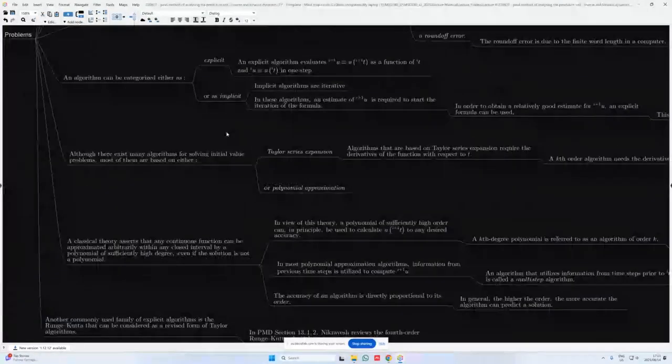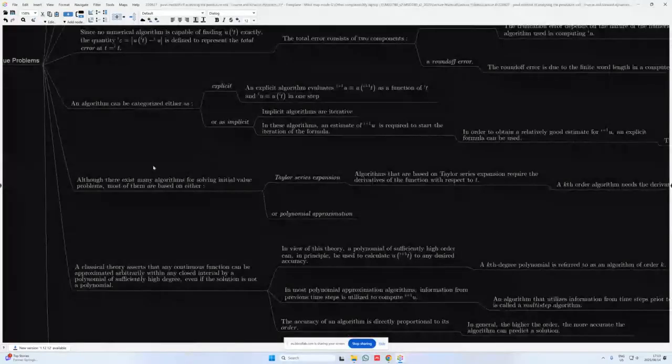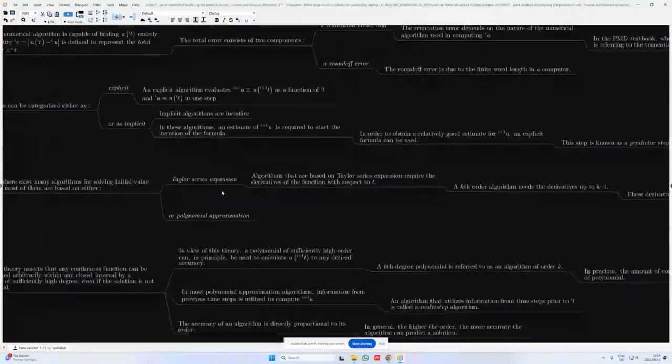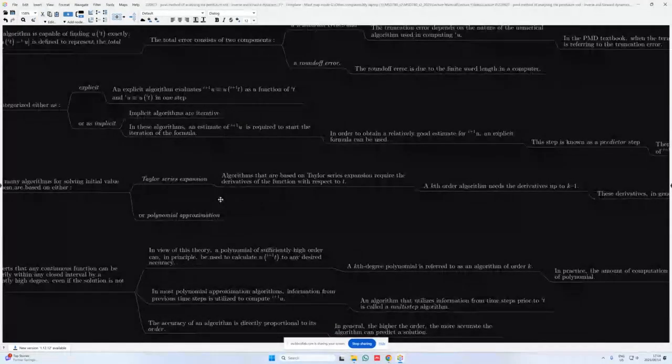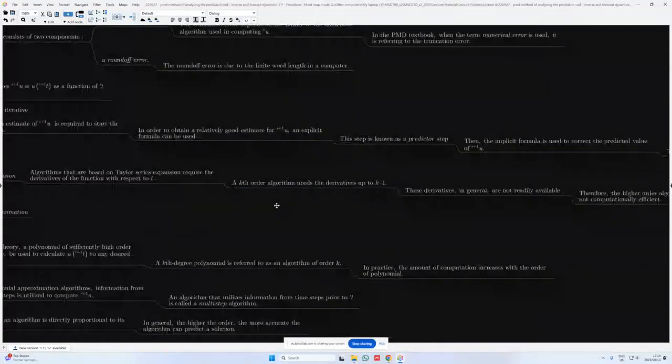Now, with regards to what type of solvers we can use, although there exist many algorithms for solving these initial value problems, most of them are based on either a Taylor series expansion or a polynomial approximation. Algorithms based on Taylor series require the derivatives of the function with respect to t, and a kth order algorithm needs the derivatives up to k minus 1.